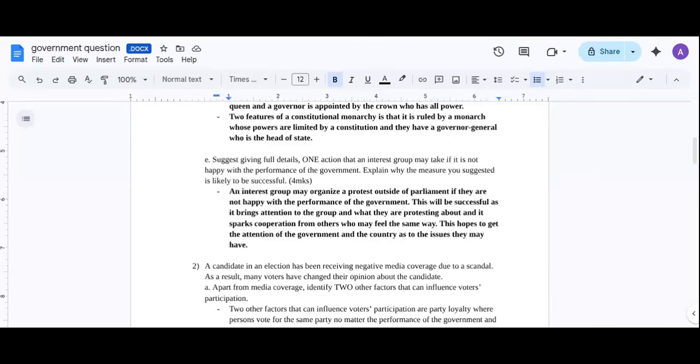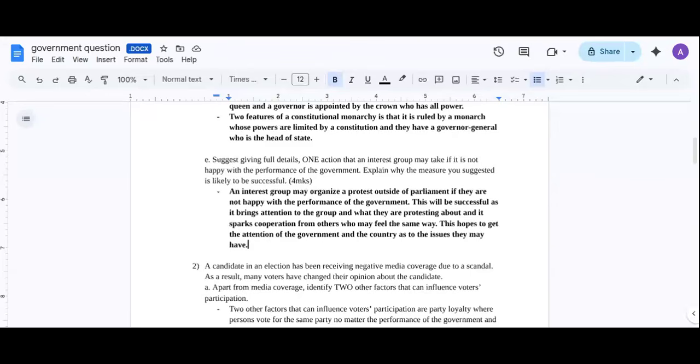Because one, outside parliament, let us say, for instance, a parliament was in session, as soon as the ministers or the government officials come out, they meet with this group of people protesting. So they'll have no choice but to pay attention to what they are protesting about. And too, if they miss it, it's going to be captured on somebody's camera, somebody taping it, some news channel. So that is why it will be successful, because persons will see.